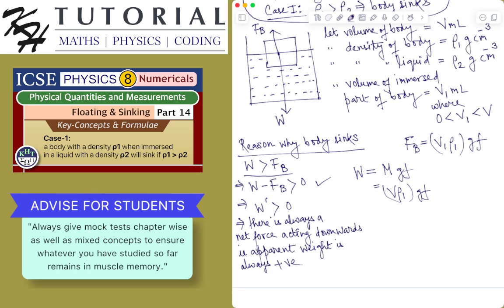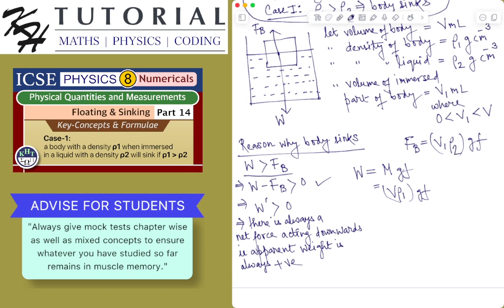Now let's see whether W is always greater than FB if rho 1 is greater than rho 2. I'm sorry, the buoyant force FB will be V1 multiplied by rho 2, as rho 2 is the density of the liquid.